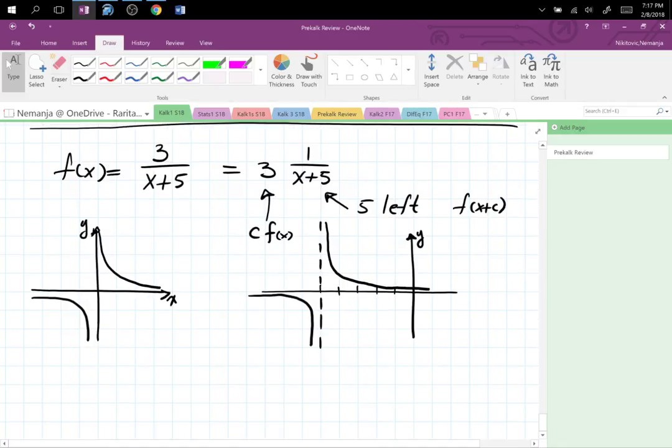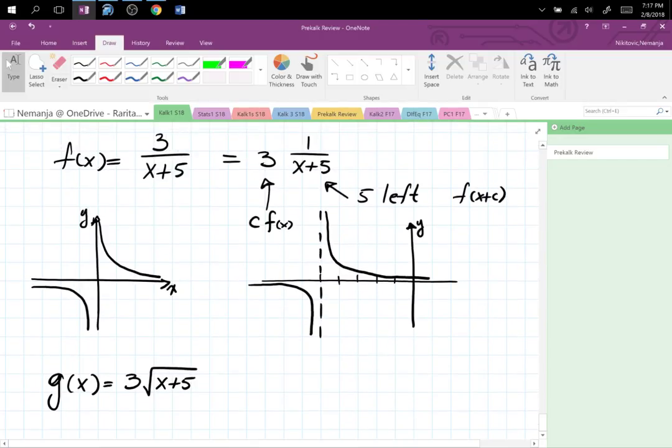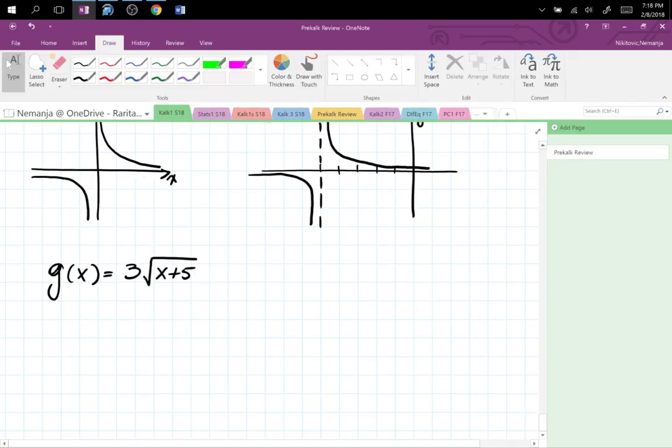Now I'm going to apply the same transformations to g of x, but now g of x is going to be the square root of x, so I have 3 square root of x plus 5. I have the same transformations. Observe that if the top function is 1 over x in default state, the bottom function is root x in default state. So this is my root x.